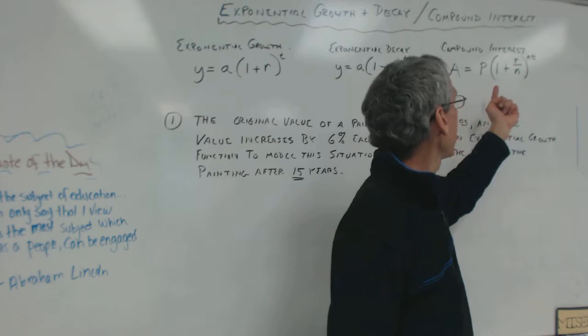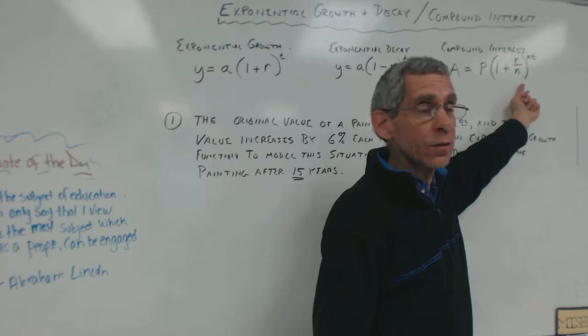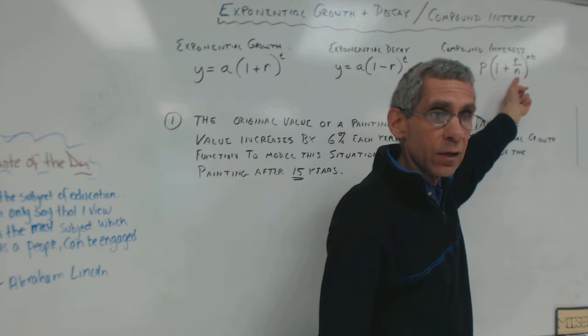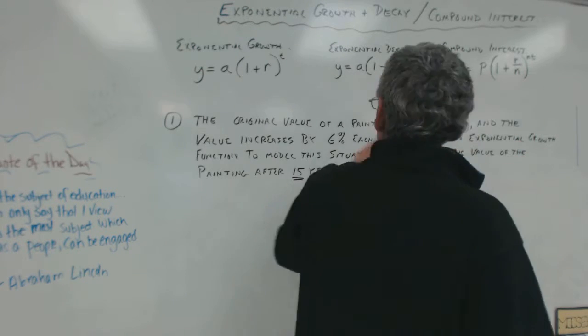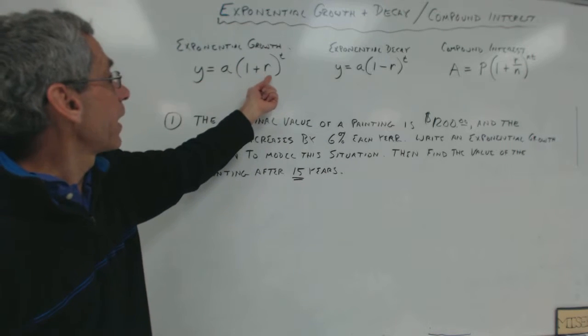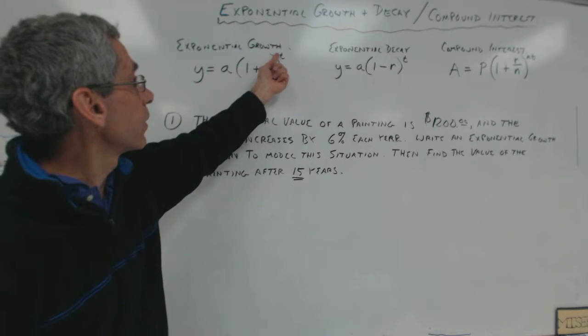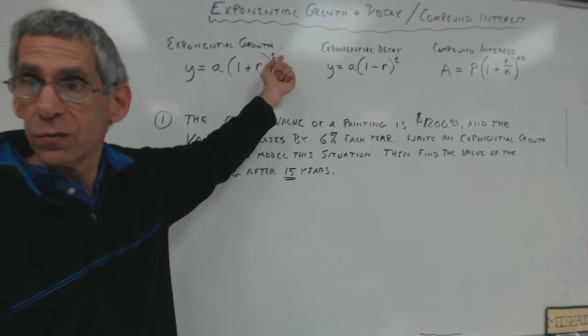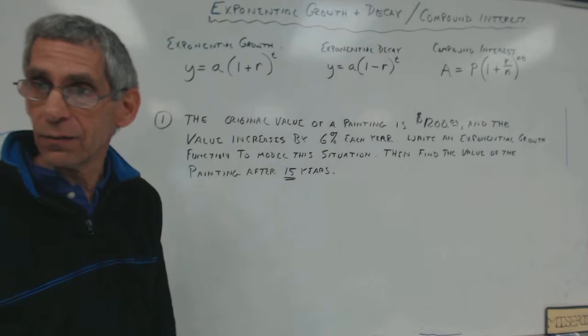So if I said compounded annually, it would be the rate over 1 because it would be 1 time a year, right? So this is compounded annually, basically. The N is a 1 here, and I don't need to write it because R over 1 is the same as R. 1 times T is the same as T, right?